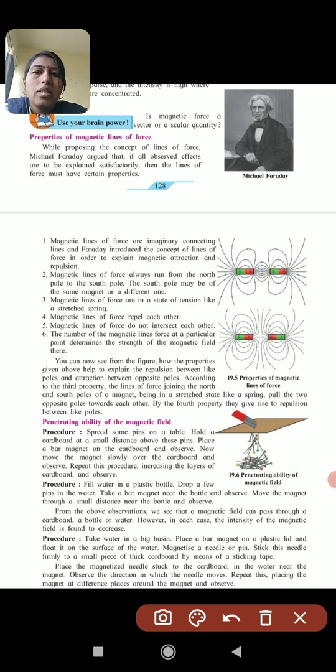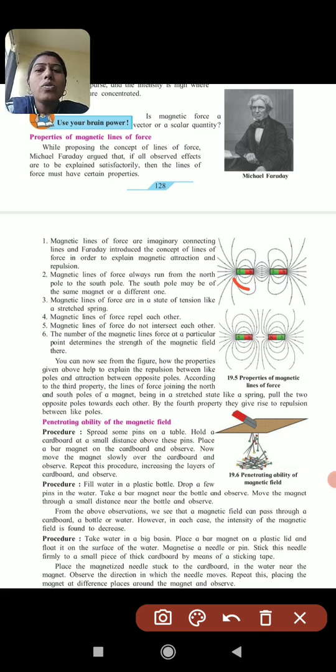These lines always run from the north pole to the south pole. The south pole may be of the same magnet, or you can take two different magnets, but the lines always run from north pole to south pole.